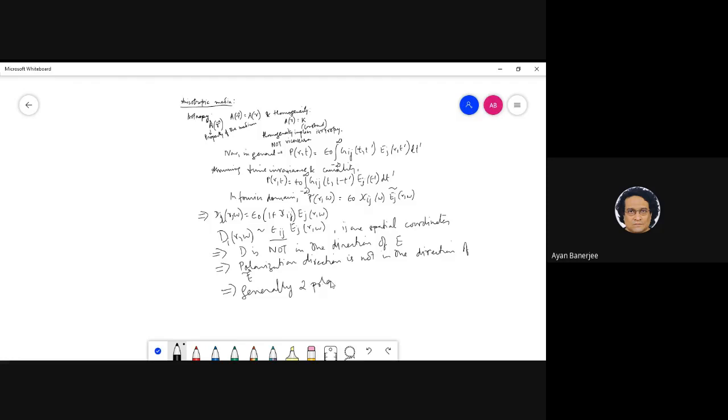There are two polarization directions which exist for the same wave. We are going to unravel all this, but I think it is important for you to first know what this anisotropic media is.